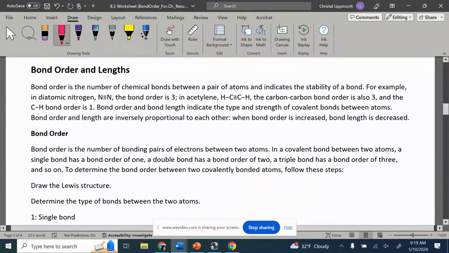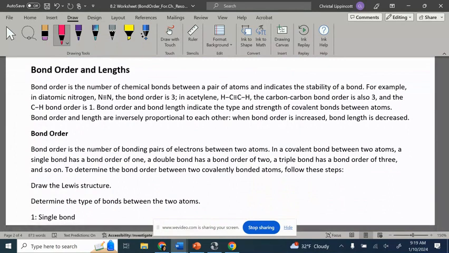This is super easy, you guys. So when we're looking at bond order, you look at how many sites, how many places that the things are bonded, and you look at how many bonds are there. Okay, so this is 3 bonds at one site.